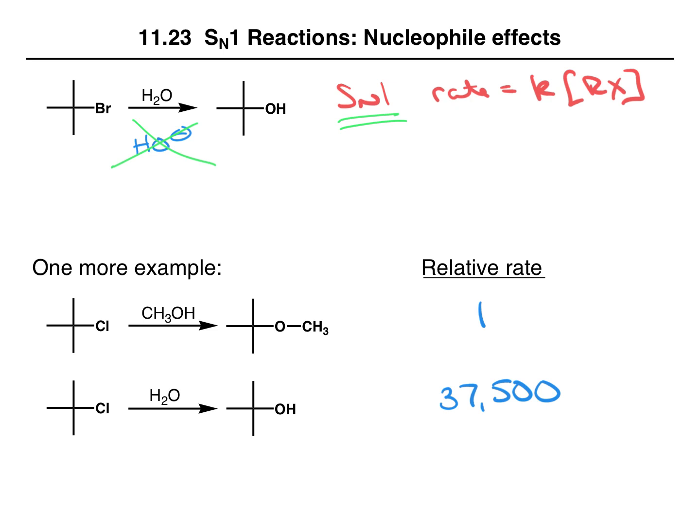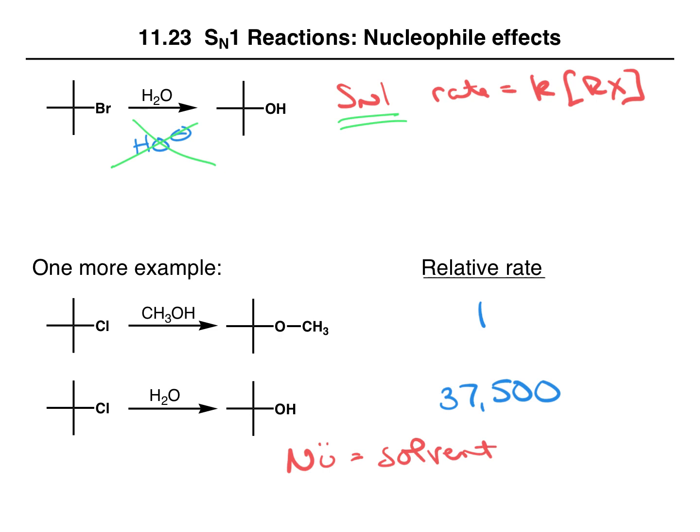So this is a problem because the rate is equal to the rate constant k times the concentration of the alkyl halide. The nucleophile does not appear in the rate law, but we see that methanol versus water greatly affects the rate of the reaction. Well, for a solvolysis reaction, the nucleophile is the solvent.